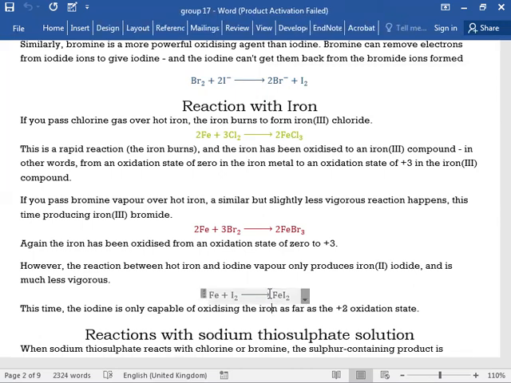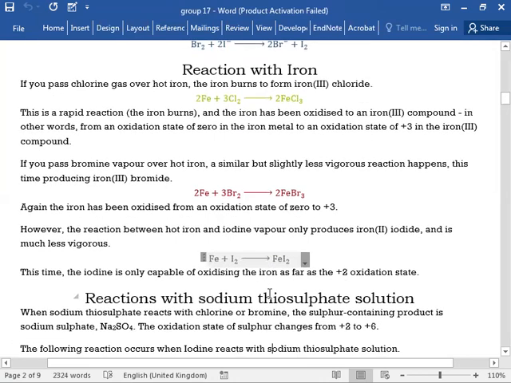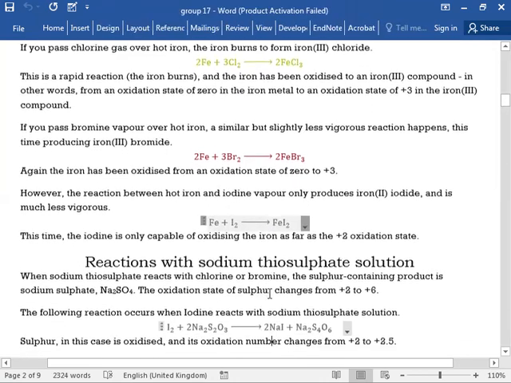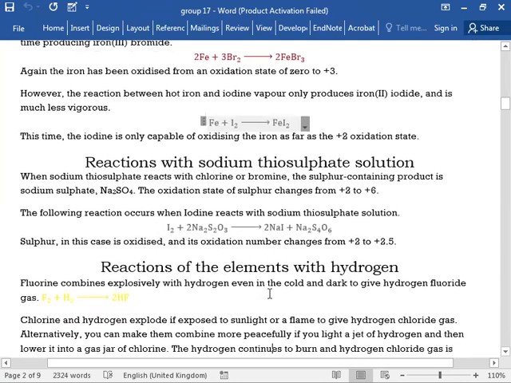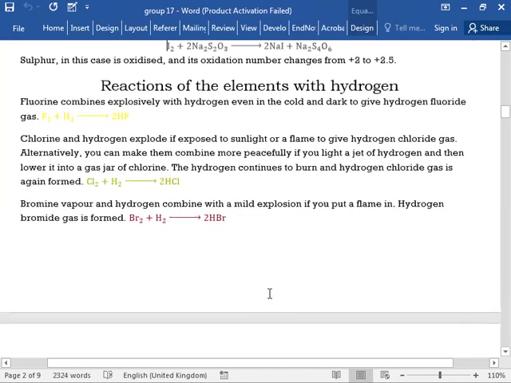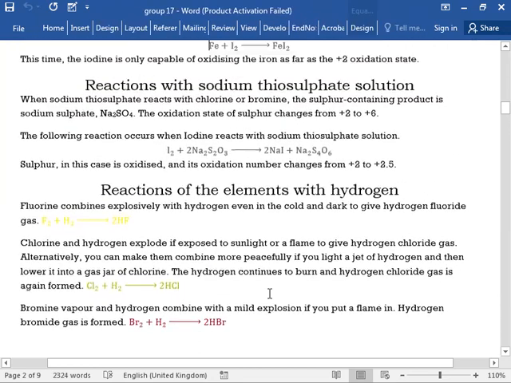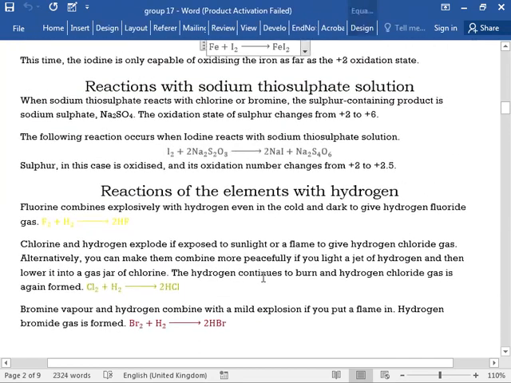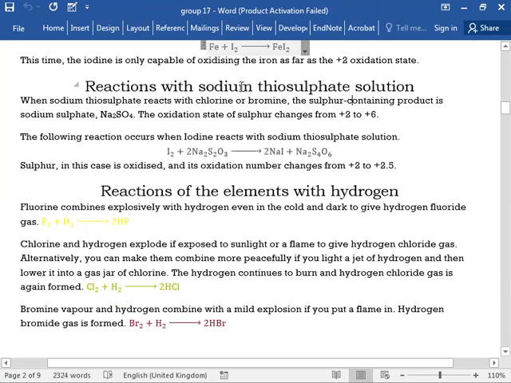Another reaction to compare their oxidizing ability is reacting them with sodium thiosulfate solution. Now this is something that you need to see and understand. When it reacts with chlorine or bromine, we are not going into the detail of the sulfur-containing products.